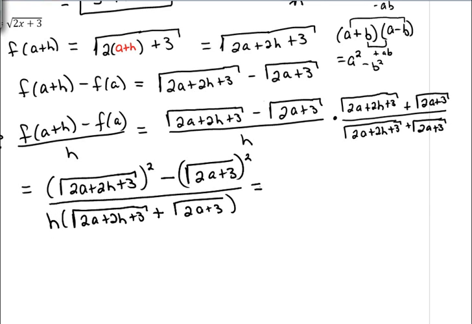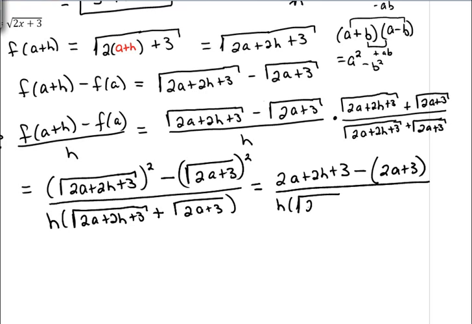You want to leave it just like that for right now, because our goal is to cancel this h out in front. So when we square this square root, what we end up with is 2a plus 2h plus 3. Then we have this minus sign, and this you need to make sure you leave in parentheses. When you square this, you're just left with 2a plus 3. This is all being divided by h times the quantity square root of 2a plus 2h plus 3 plus the square root of 2a plus 3.